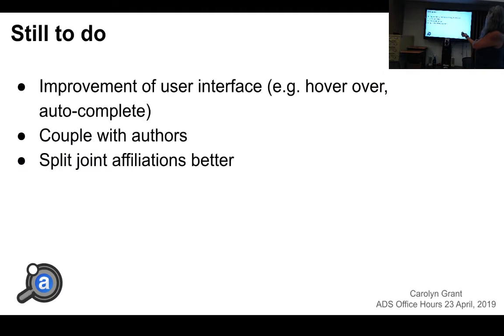We're still working, we're still splitting authors, we're still improving the user interface. We're going to have a hover over so that it works better. We'll need to get the autocomplete working well. The other piece of it that we haven't tackled yet is coupling a given institution with its author. So right now, if you search for John Smith and an affiliation, or institution Harvard, you don't know for sure that it's the same John Smith at Harvard.